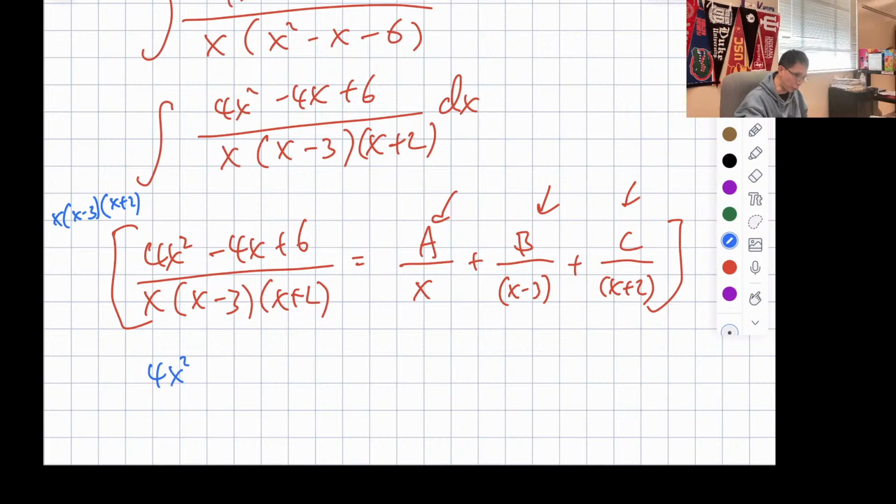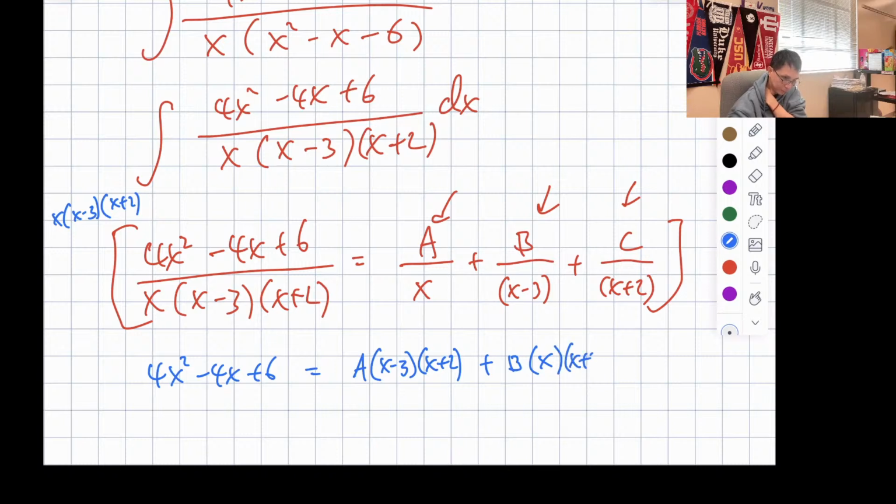So what would I get? 4x squared minus 4x plus 6 is equal to A times x minus 3 times x plus 2, plus B times x times x plus 2, plus C times x times x minus 3. Is that okay? I have no more fractions. It looks nice.